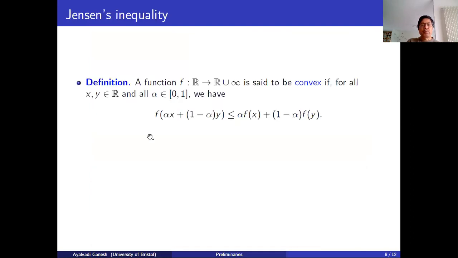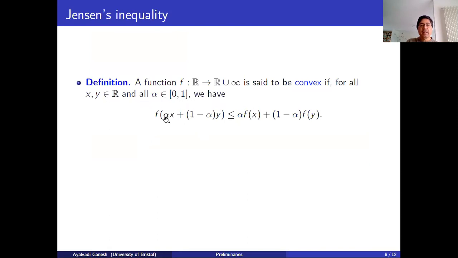So more formally, a function f, which maps the real numbers to the real numbers. It's a minor technicality that we allow infinity as a value, but you can ignore that for the moment. A real valued function f is convex if for all x and y in the domain and all alpha between 0 and 1, we have the following inequality.